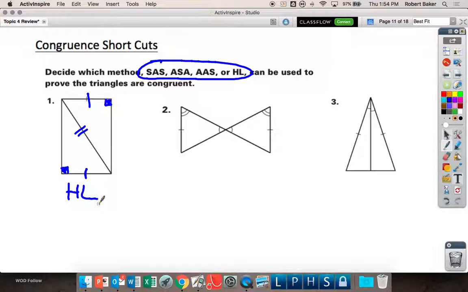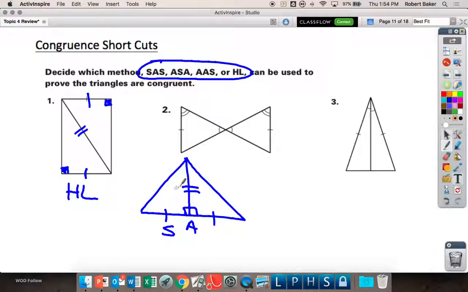The question is, are right triangles always HL? No. So what if it looked like this? What shortcut is that? This is actually side, angle, side.